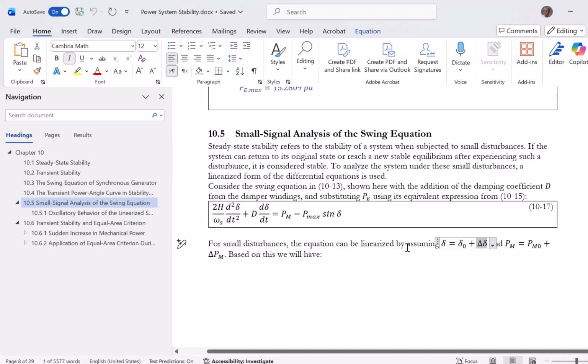So whatever variable that is of interest to us that could have some variations, we introduce that by its equilibrium value plus some disturbances. Same thing can go, for example, with this PM. PM, which is the mechanical power, could be associated with the initial mechanical power or the mechanical power under equilibrium plus some delta PM, some disturbances or some changes in the mechanical power.